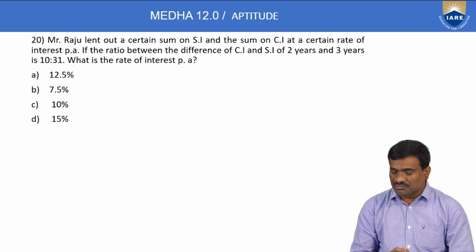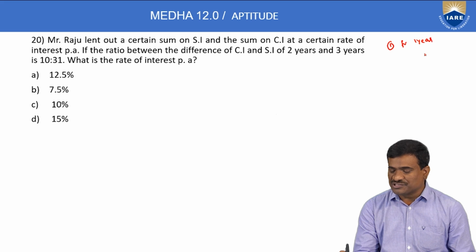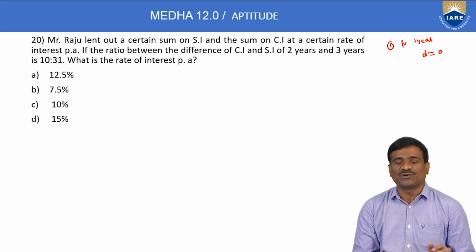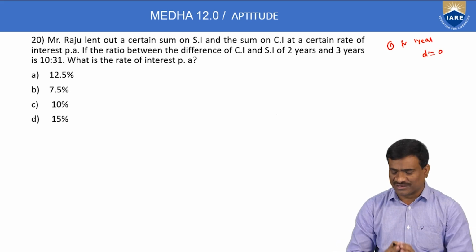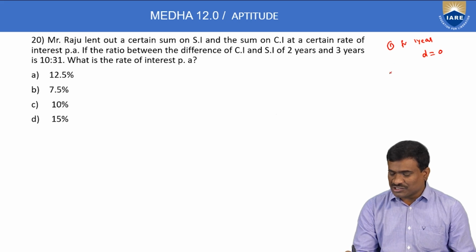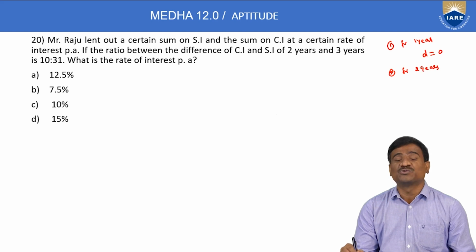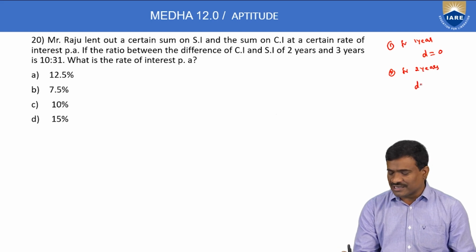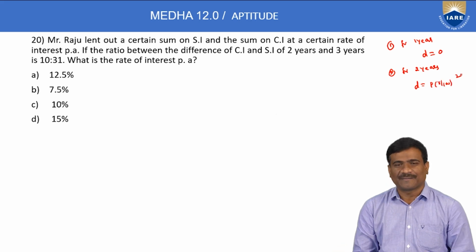Note: if the difference between simple interest and compound interest for 1 year is rupees 0, that is D is equal to 0, up to 1 year same rate of interest. Second, if the difference between compound interest and simple interest for 2 years, D is equal to P into (R by 100) whole square.